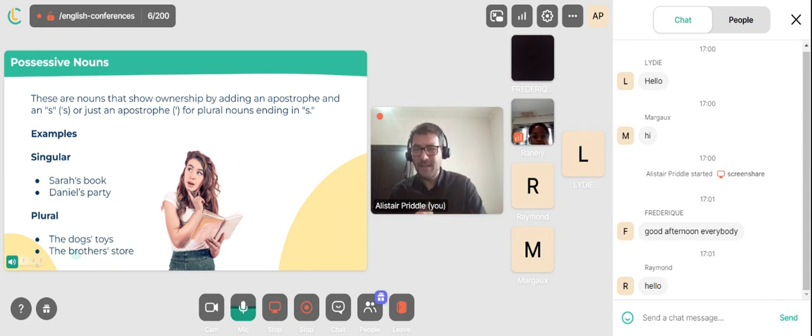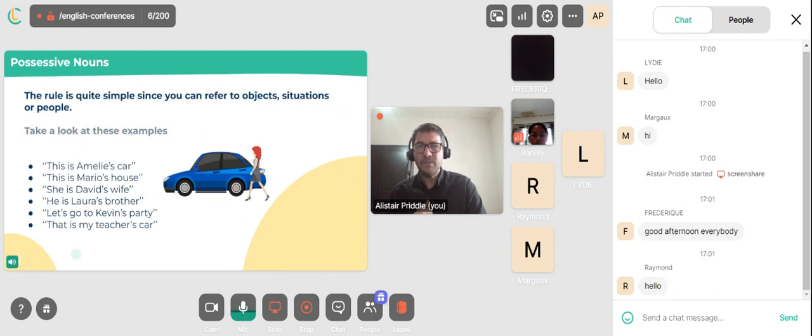Okay, let us continue with some more for possessive nouns. The rule is quite simple, since you can refer to objects, situations, or people. Take a look at these examples. This is Amelie's car.